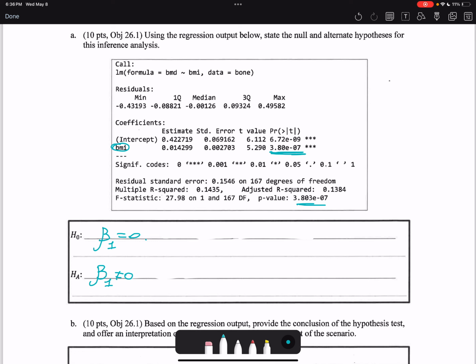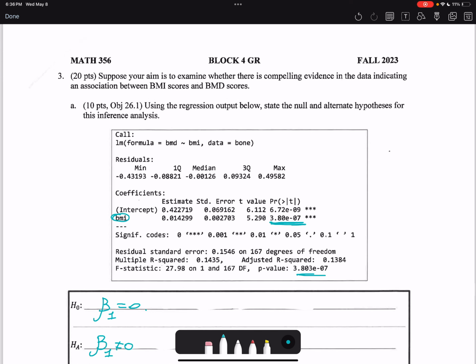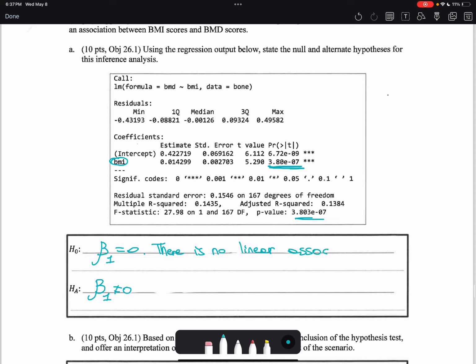So in words, the null hypothesis would be there is no linear association between BMI and BMD.